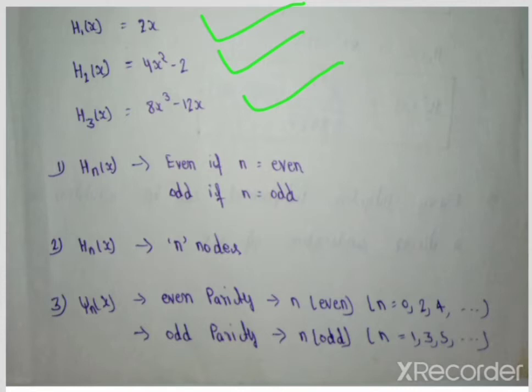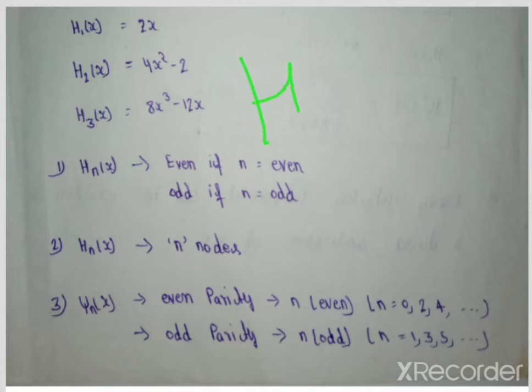Now the properties of this differential equation. When n is even, H_n(x), meaning the solution of the differential equation, is even. When n is odd, it is odd. How to find the nodes of these equations?